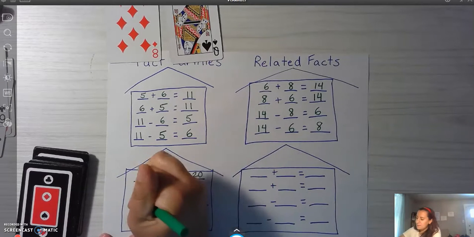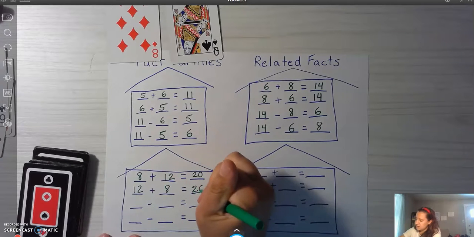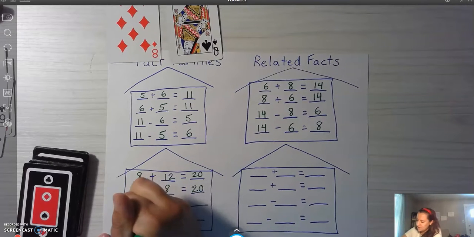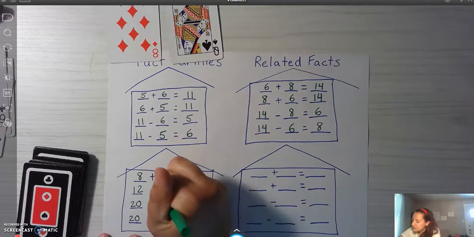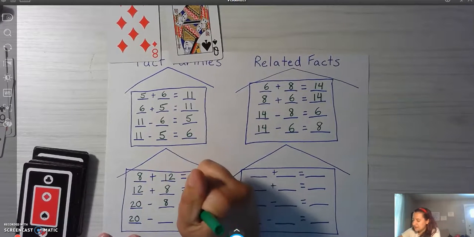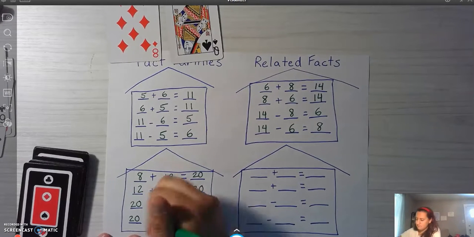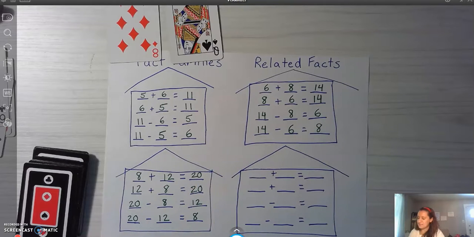Then I flip-flop them. 12 plus 8 equals 20. Then I put my big number, my sum, at the beginning because now it's a subtraction problem. And I'm going to take away 8, and I know the answer is 12 because subtraction is the reverse of addition. And down here, take away 12 to get 8.